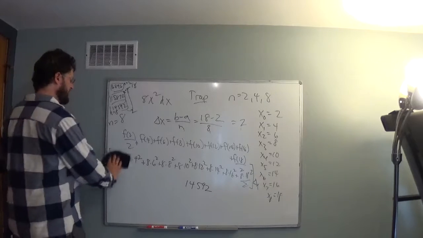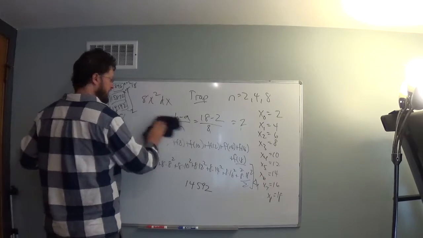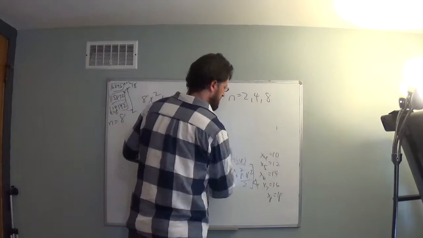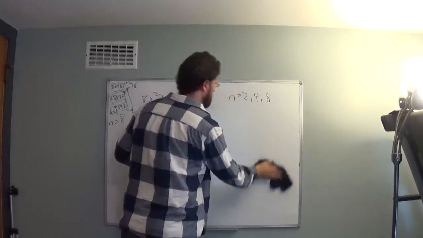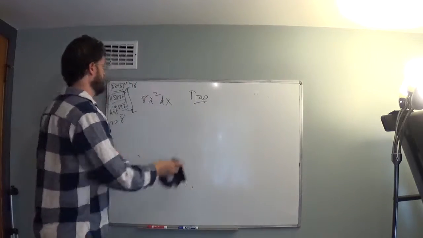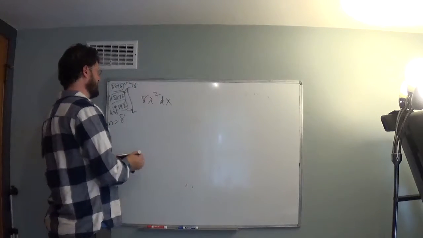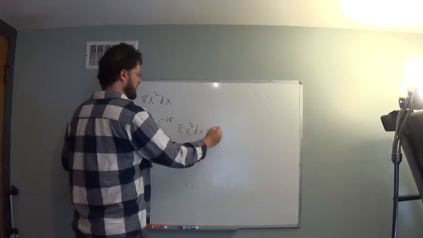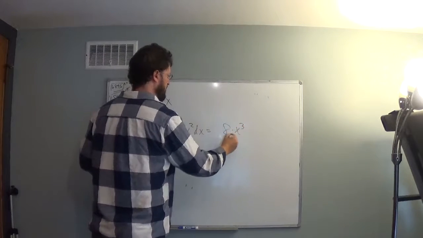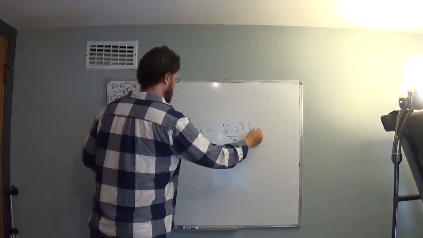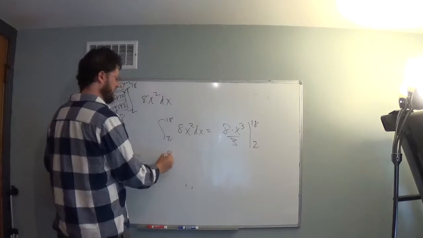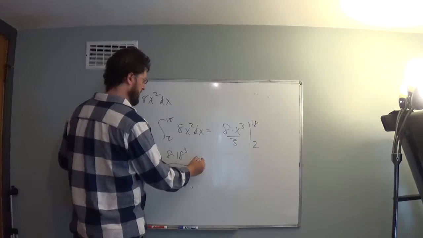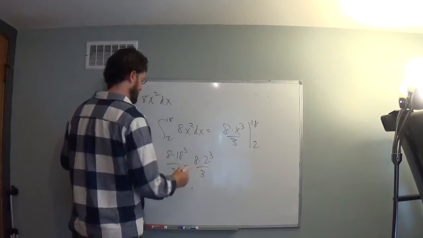Finally, let's compare that to the actual value of this area under the curve. If we found the actual integral from 2 to 18 of 8x squared dx, we get 8 times x cubed over 3, evaluated from 2 to 18, which is 8 times 18 cubed over 3, minus 8 times 2 cubed over 3.